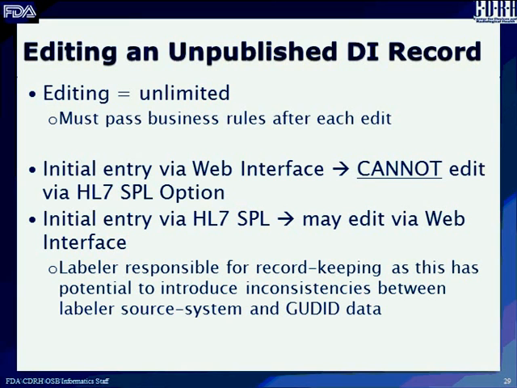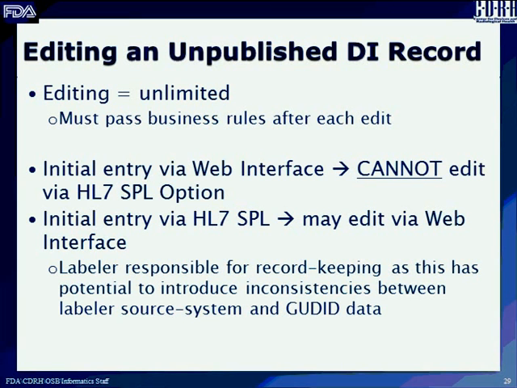I do want to talk a little bit about the DI submission options and how editing a record is impacted here. Now, if you enter the record via the web, and it's an unpublished record, you cannot edit that record via the HL7 SPL submission option if it's an unpublished DI.